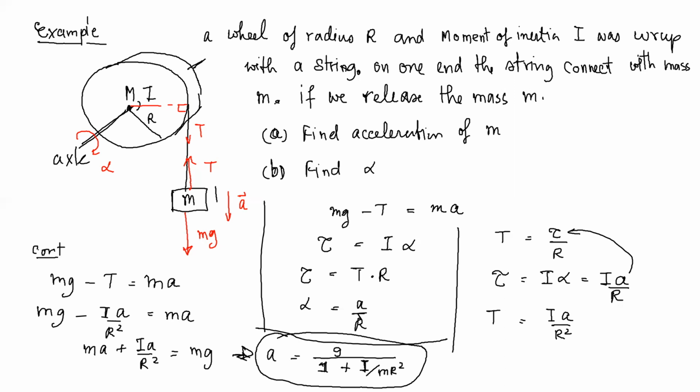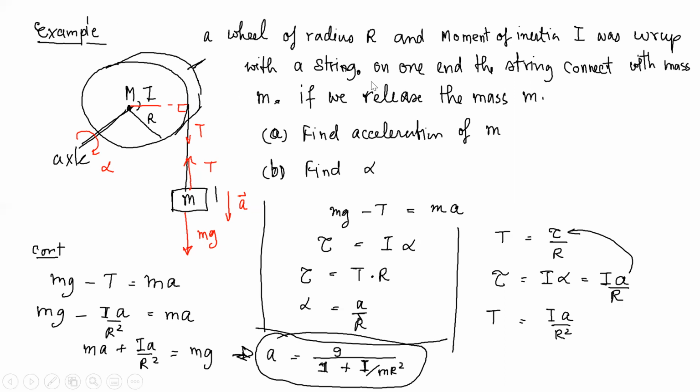So you can start with the equation for the small mass m. According to Newton's law, mg minus T equals ma. That is the first equation.